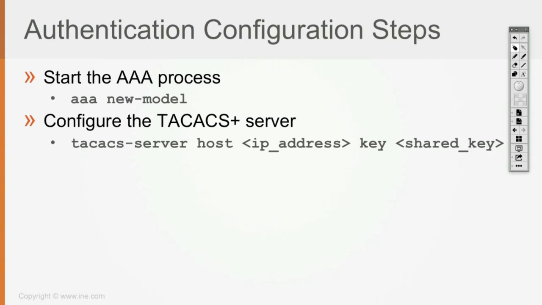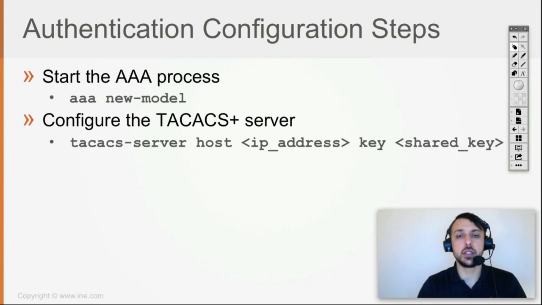It's going to be aaa new-model. Once I have defined that, I'm going to be allowed to configure the TACACS server with which I want to communicate. Now there are a lot of variations. The configuration options to define a RADIUS server or TACACS server are like 2 or 4 of those. In the scope of the CCNA blueprint, I'm going to use the oldest one, not the most commonly used, but the oldest one which everybody should be aware of.